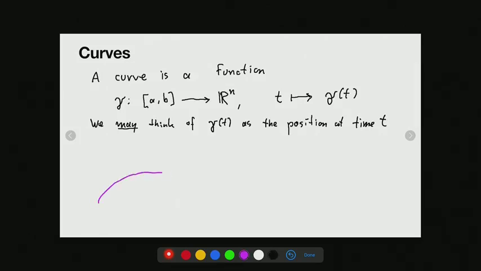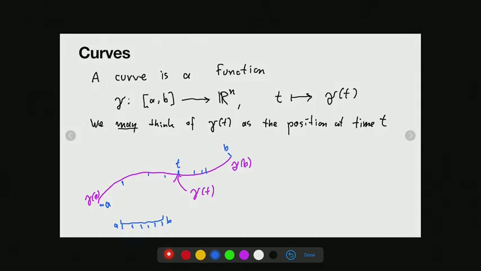So again, we have got some curve in space. We start at position gamma A. We finish at position gamma B. And every point on this curve is associated with some t. So we go from an interval from A to B. And generally speaking, we can now parameterize the curve. Okay, that's a geometric setting.